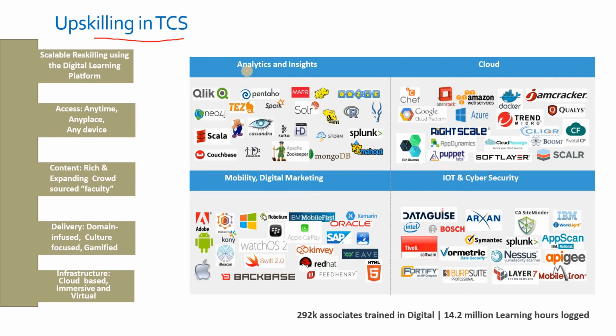You can see here TCS is working on analytics and insights. Because it is an IT services provider, they are using the maximum number of tools like QlikView, PySpark, Hive, Scala, MongoDB, so many things. They are focusing on analytics and insights, and cloud services, Amazon, Azure, Puppet, Google Cloud Platform, so many things on the cloud.